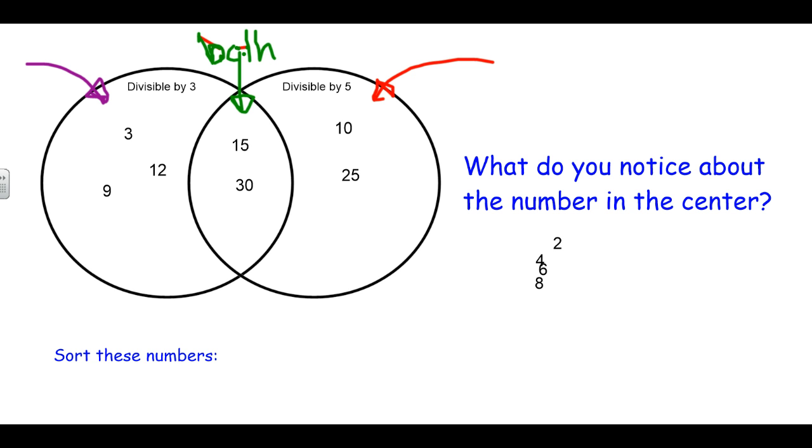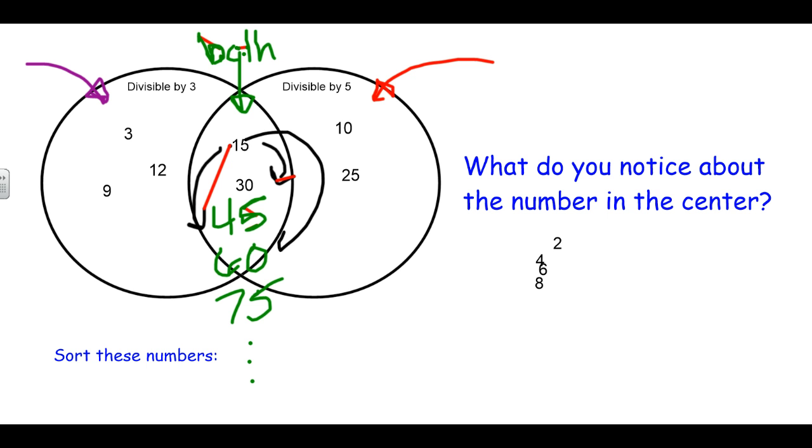Now, if we extended this a little bit with a few numbers, we'd find that other numbers such as 45, 60, 75, etc. would be part of the numbers that are both divisible by 3 and 5. And if you notice the pattern here, if we start with 15, we can multiply it by 2, by 3, by 4, and by 5, and we get the numbers that are part of this center category divisible by both 3 and 5.